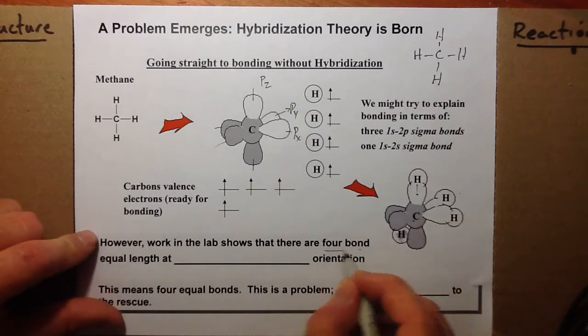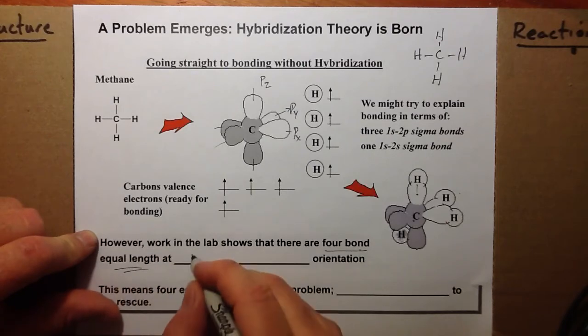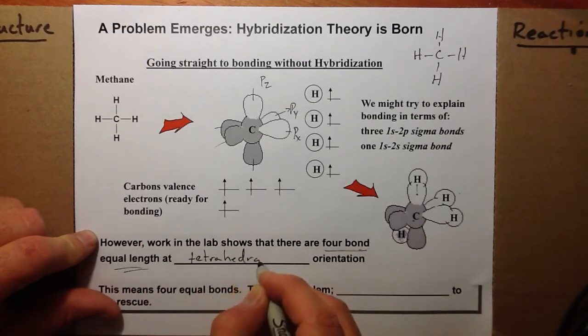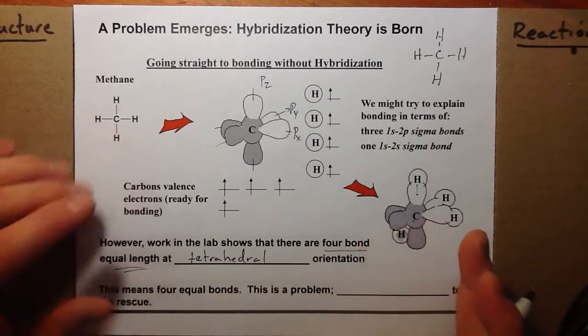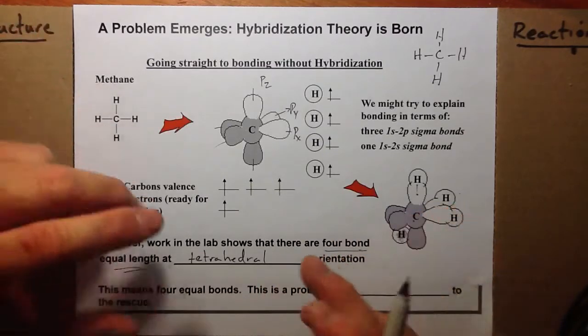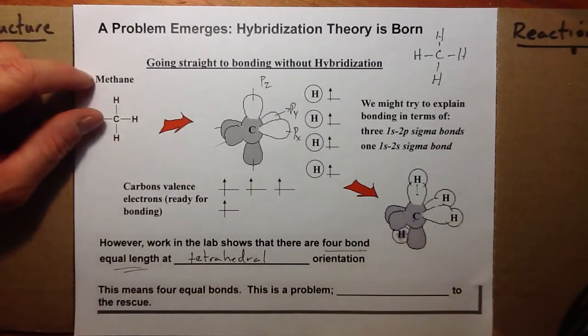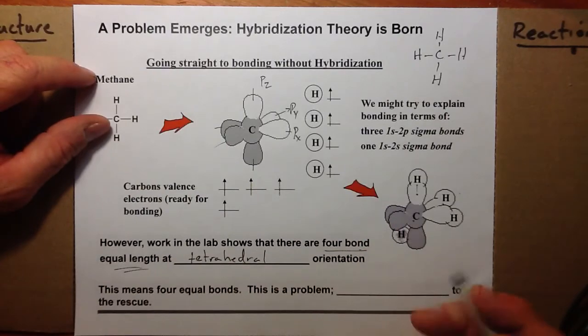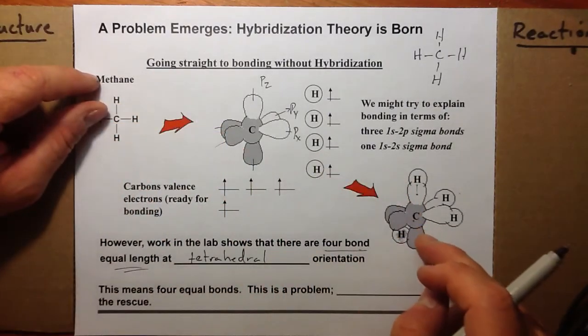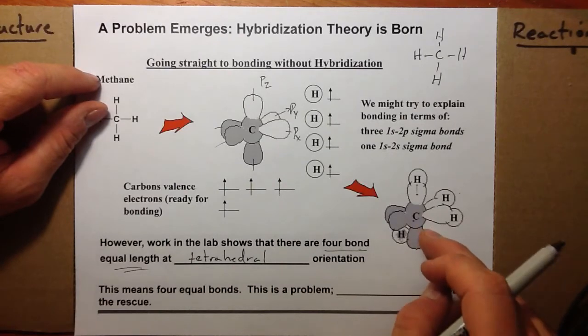There are four bonds of equal length at tetrahedral orientations, and they were all of equal energy. This picture didn't work. This means that four equal bonds were formed. From the lab, that's what was indicated. So we had to figure out an answer to how we could keep orbital theory, but get a better picture of the bonding within methane than what we see here.